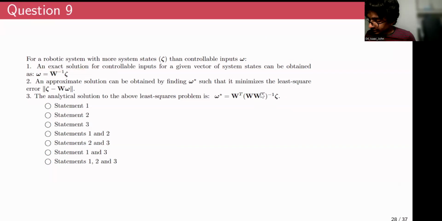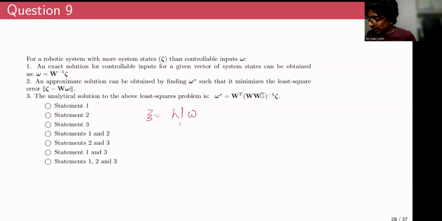So you know this relation zeta as W multiplied by omega, and it is given that the number of system states zeta is greater than omega. The number of elements in zeta is greater than omega.